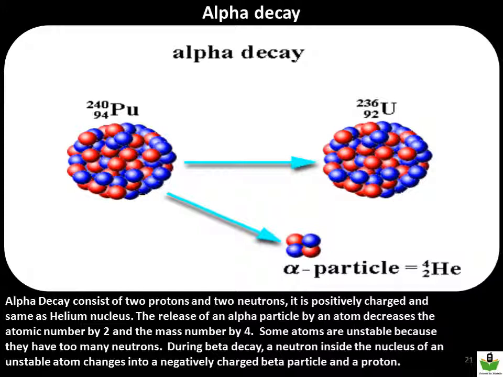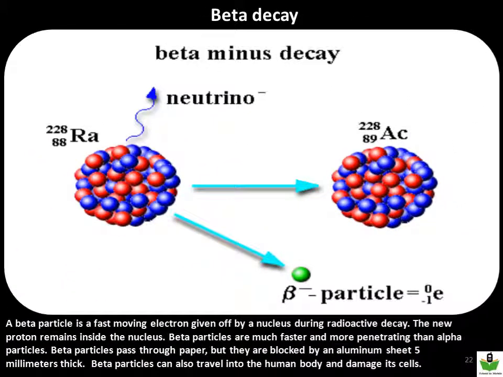During beta decay, a neutron inside the nucleus of an unstable atom changes into a negatively charged beta particle and a proton. A beta particle is a fast-moving electron given off by a nucleus during radioactive decay. The new proton remains inside the nucleus.